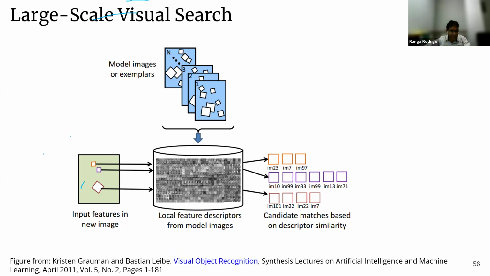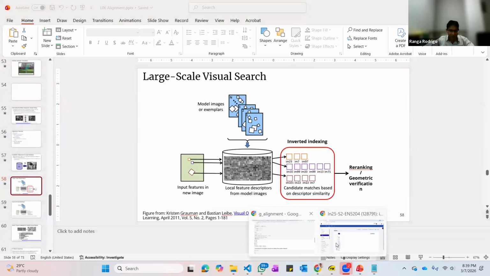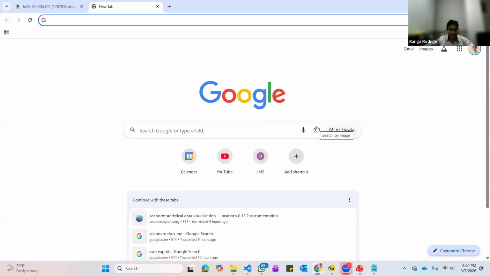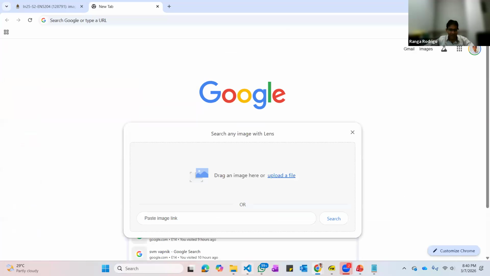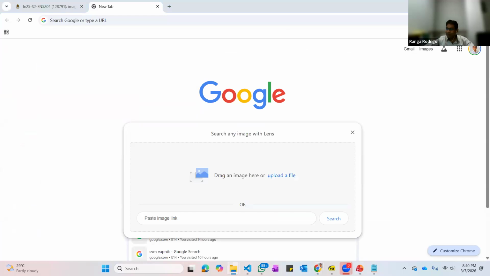Now you have a new image. Assume that you're putting some image of a flower or something. Let's do that in Google and see what really happens. So let's open Google. I want to go for image search. Search by image, so I can drag and put an image there. I will put an image of a butterfly or something.